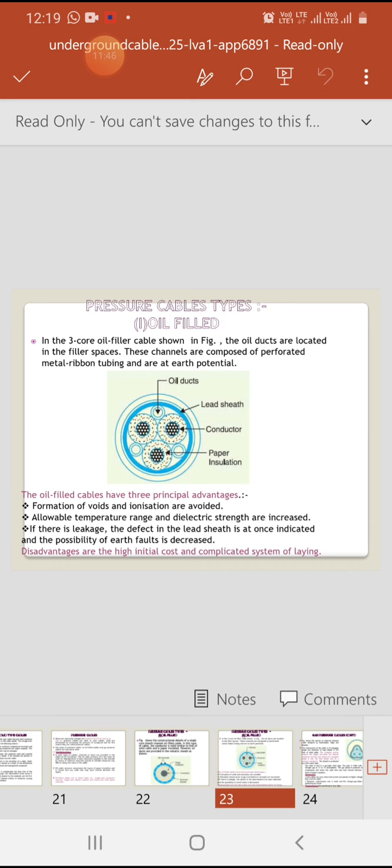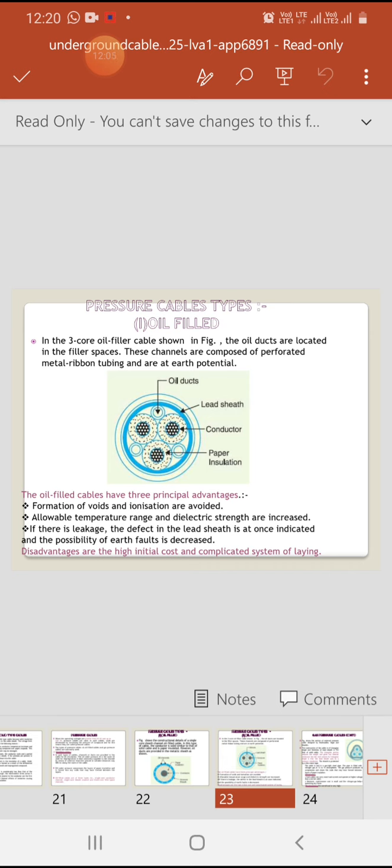The oil filled cables have three main advantages. Firstly, formation of voids and ionization are avoided. The second advantage is that allowable temperature range and dielectric strength are increased.